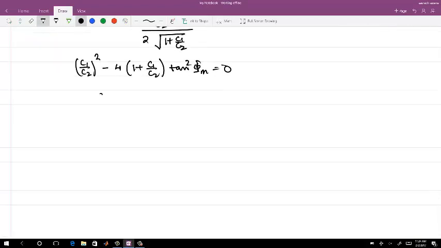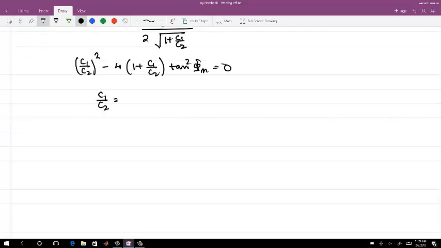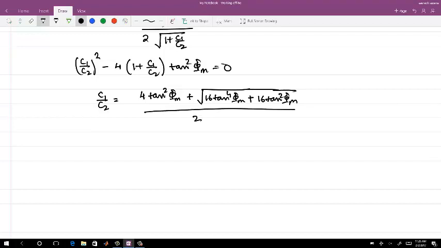So the c1 by c2 ratio comes from a quadratic equation, giving 2 times tan square phi m plus 2 times tan phi m out into tan square of phi m plus 1.